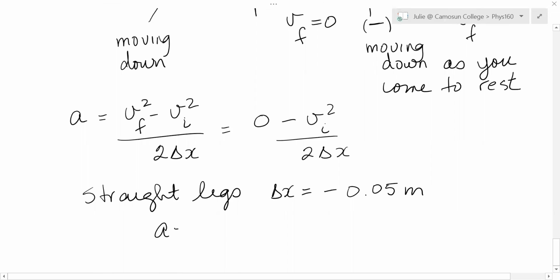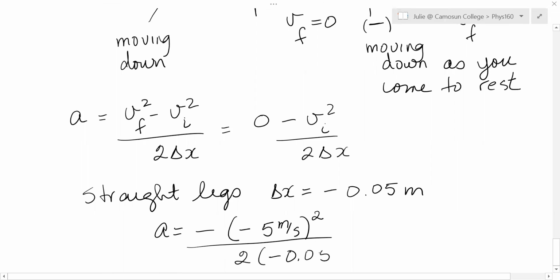We got that A is negative. Now the negative 5 gets squared in there, but the negative out here stays. This turns out to be a positive acceleration. The net force on you is up in order to stop you. So let's see, 25. Well, this is a pretty big number. Whoa, this is 250. That's pretty extreme. 250 meters per second squared.